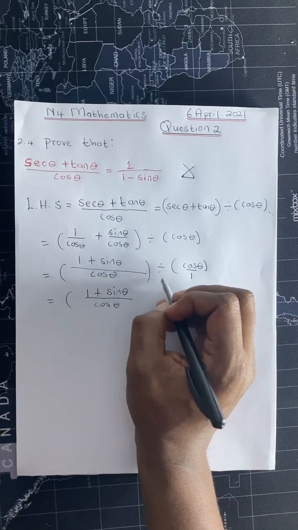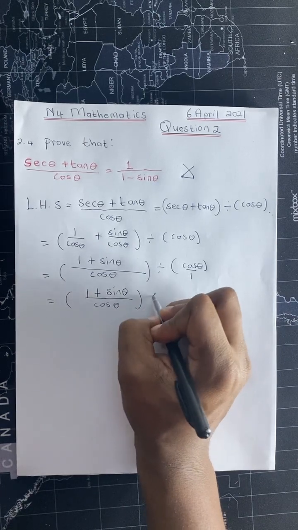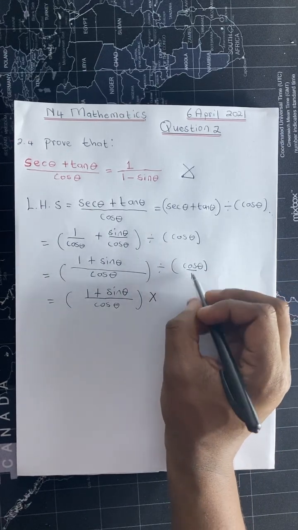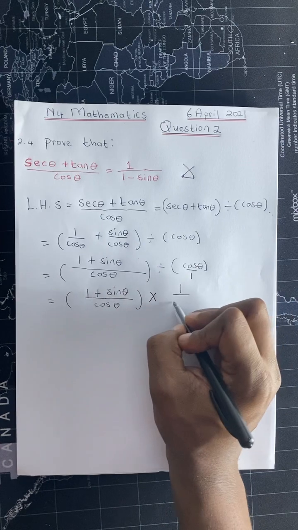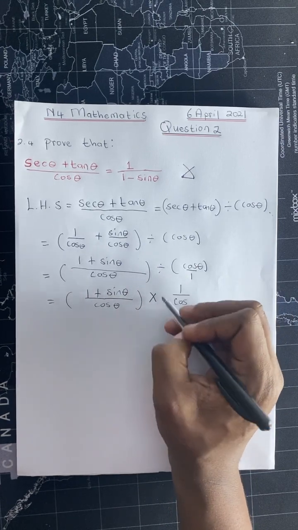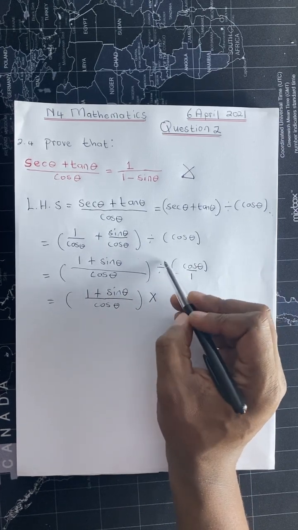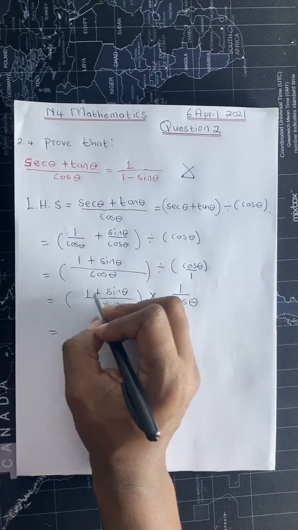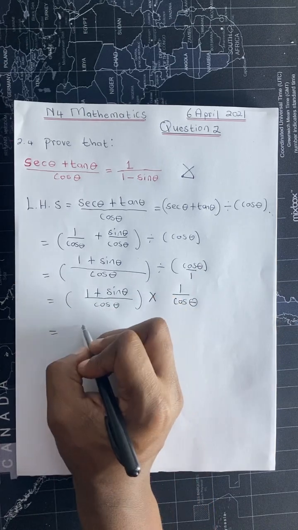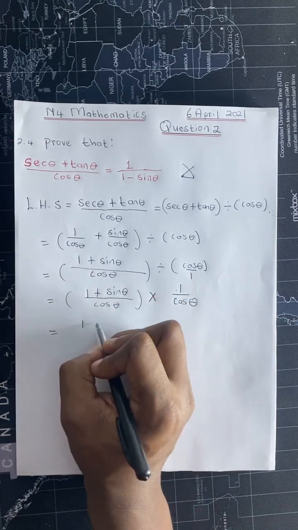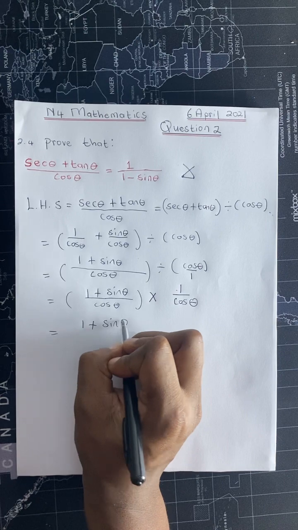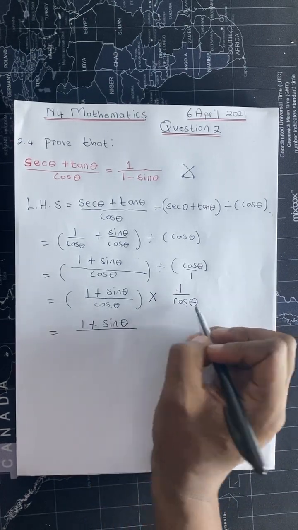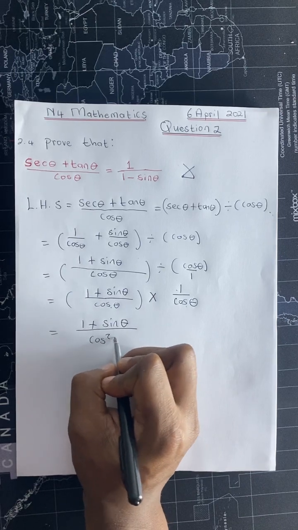We are changing the division sign into multiplication sign, so this has to flip. The denominator has to be the numerator and the numerator has to be the denominator when you introduce a multiplication sign where there is a division sign. So we have 1 multiplied by 1 is equals to 1. 1 multiplied by sin theta is equals to sin theta. On our denominator, cos theta multiplied by cos theta is equals to cos squared theta.